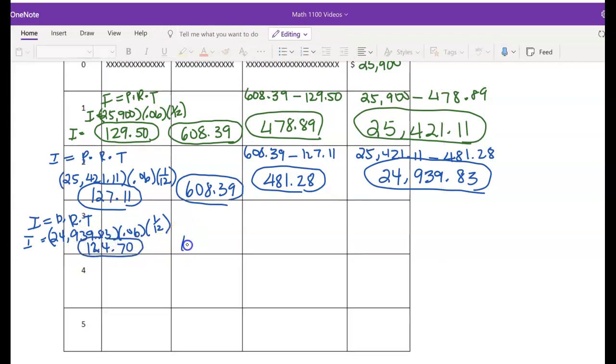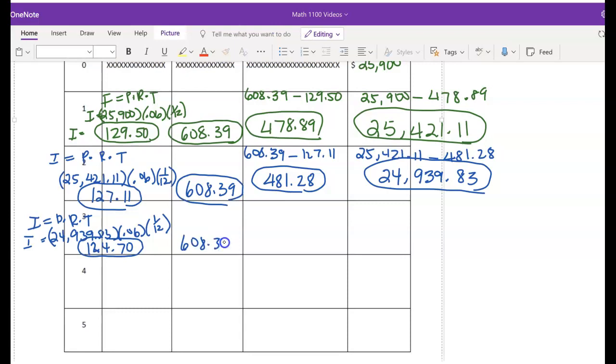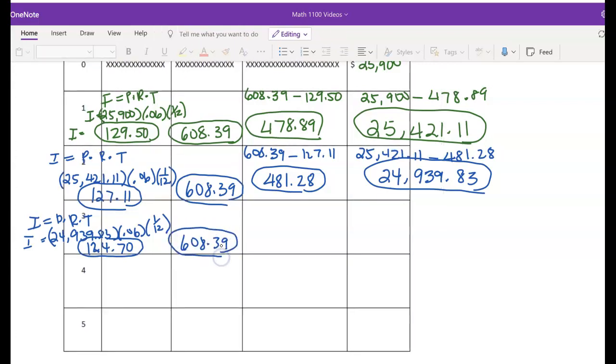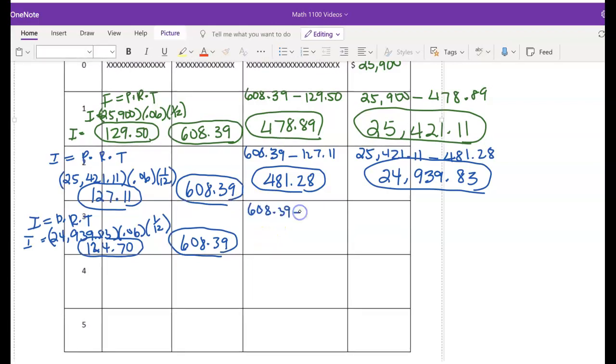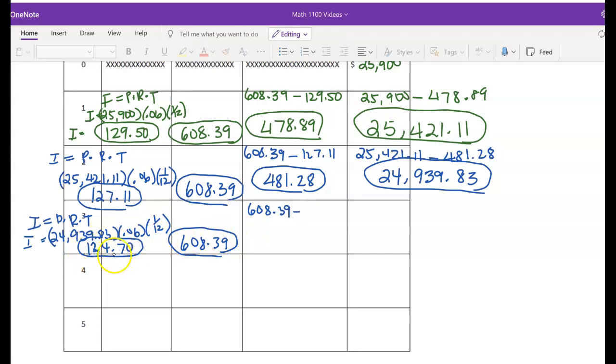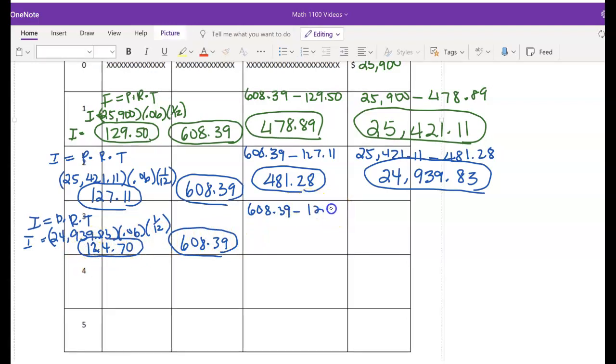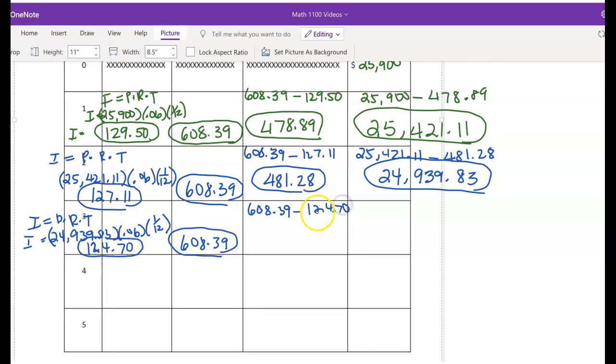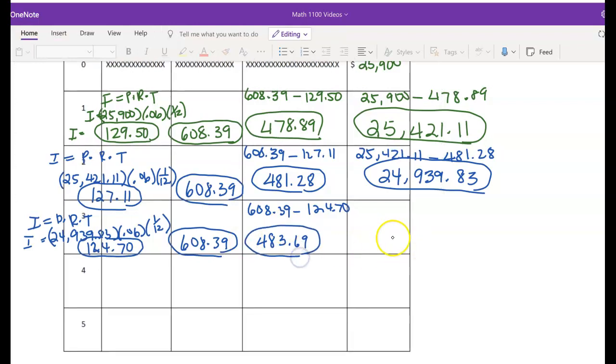Okay. Our payment stays the same. How much gets applied to principal is that payment minus the amount that has to go towards the interest. And that gives us $483.69 that can be applied towards our balance.